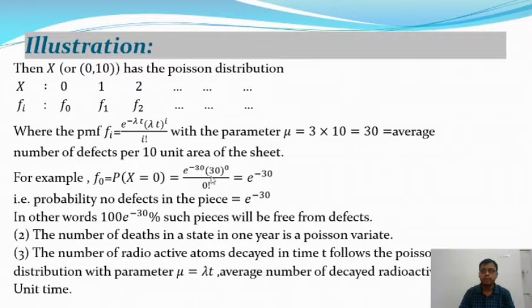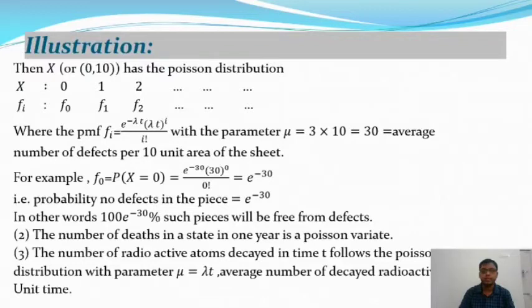So e to the power minus 30 into 30 to the power 0 by 0 factorial. 30 to the power 0 is equal to 1, the power of any finite value zero is 1, and 0 factorial is equal to 1, so this equals e to the power minus 30. Therefore, the probability of no defect in the piece is e to the power minus 30. In other words, 100 into e to the power minus 30 percent of such pieces will be free from defects.